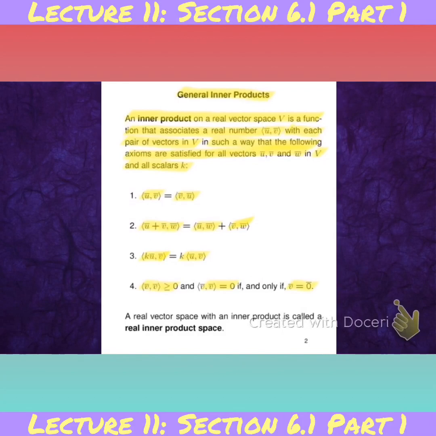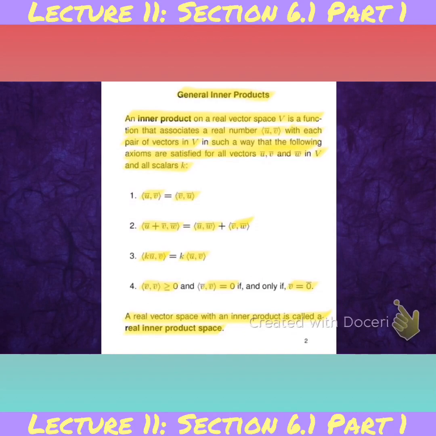So the dot product is a special type of inner product, and it's the specific inner product that we've dealt with primarily so far. Now, a real vector space with an inner product is called a real inner product space. Remember, with a vector space you had two operations: the addition operation and the scalar multiplication operation.